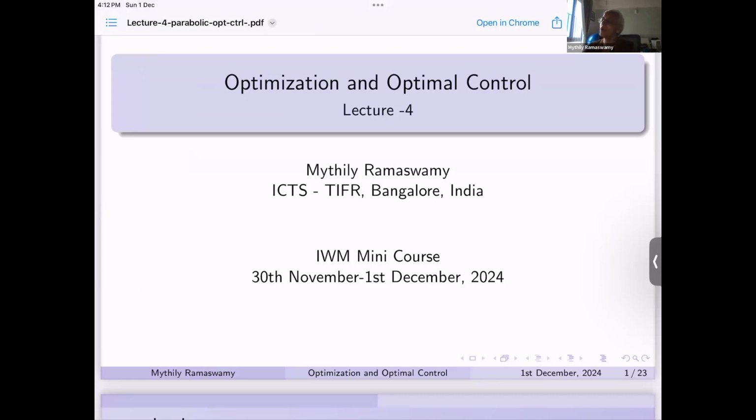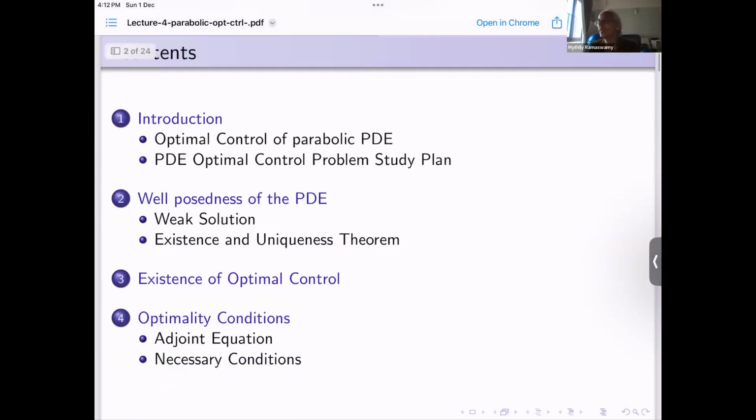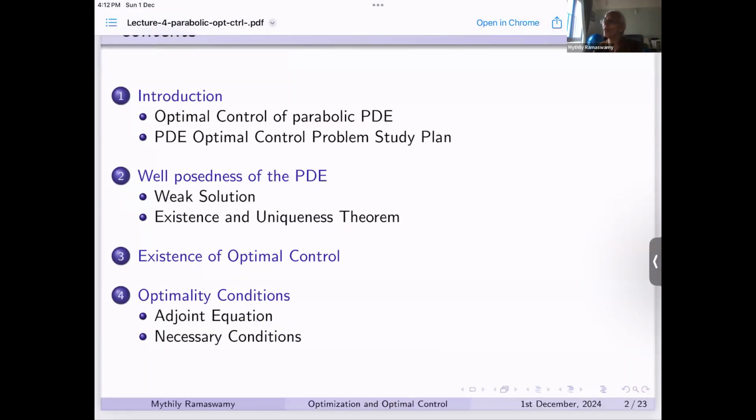Again, we want to see what a typical optimal control of a parabolic PDE, a heat equation, looks like. Now it is no more stationary, but evolving. So time is also involved.